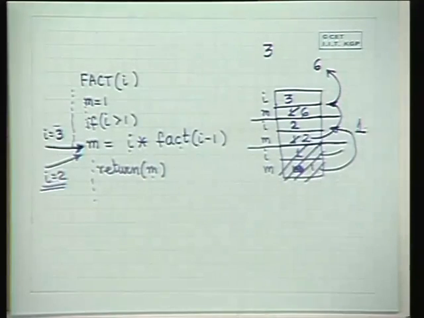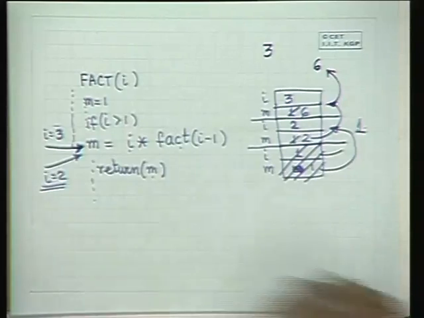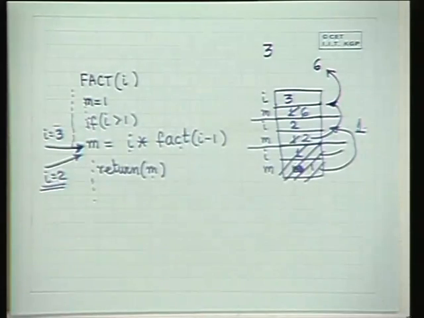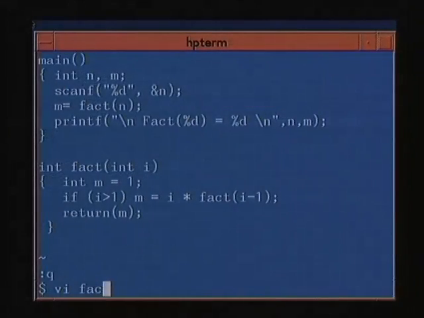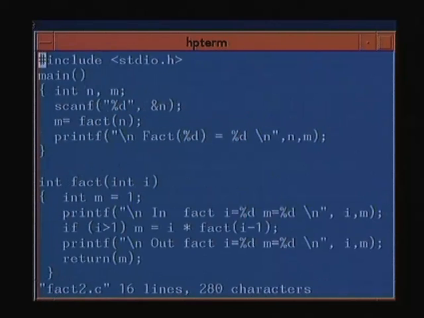In order to understand such things, it is also useful to just put in some diagnostic statements in your program. For example, I have just in the program, this is the same as the previous program. We read in n, and then m is equal to fact of n, and then we print it.